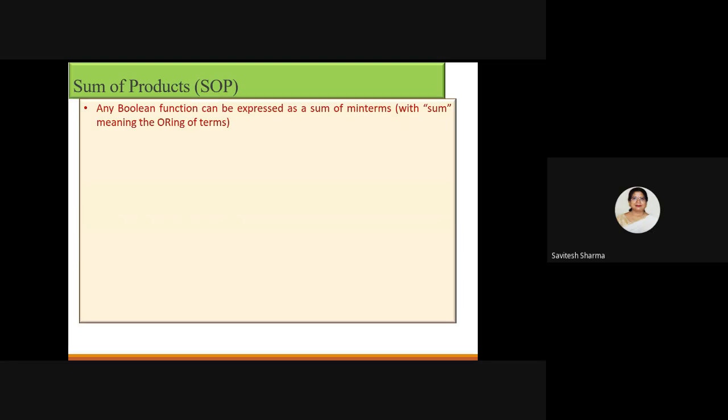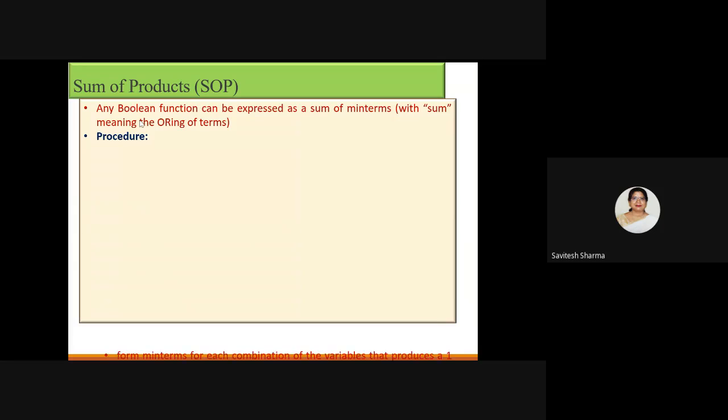So if you have a truth table and you want to express it in the form of a Boolean function, again I am repeating, I am talking about the conversion of a truth table into a Boolean expression or Boolean function. Here I will express my Boolean function as a sum of min terms. Sum means ORing.